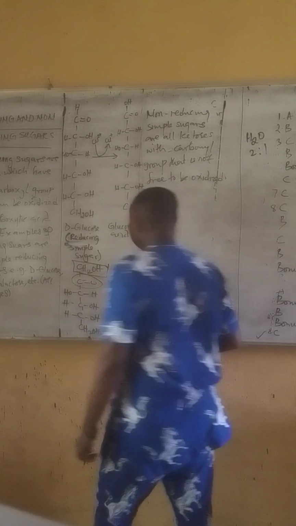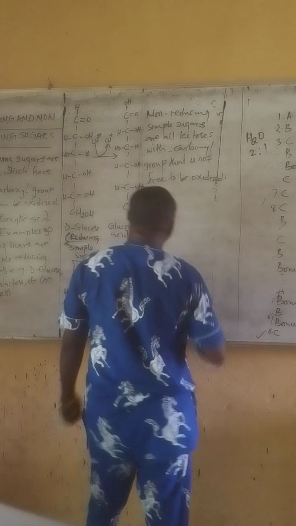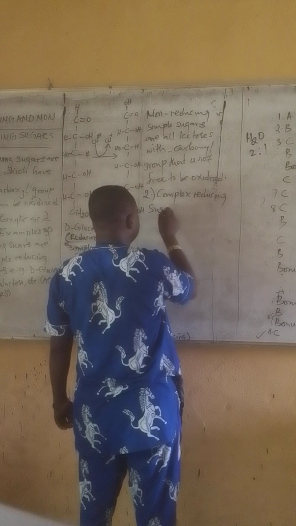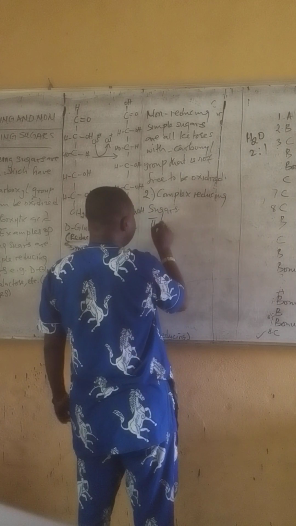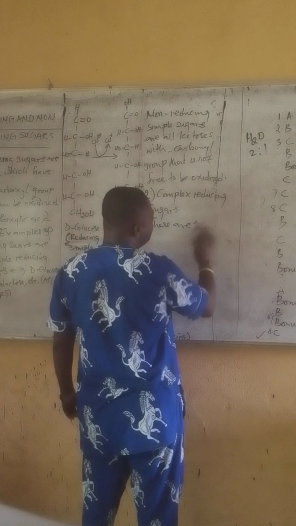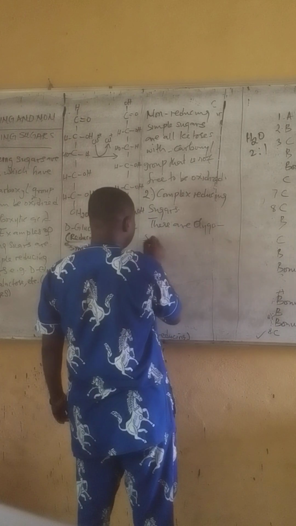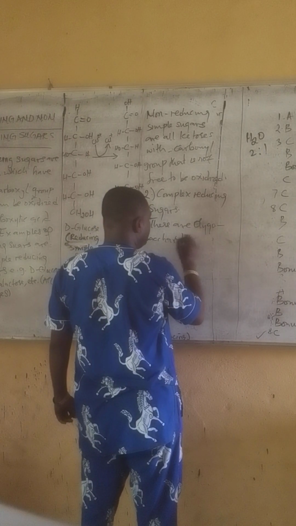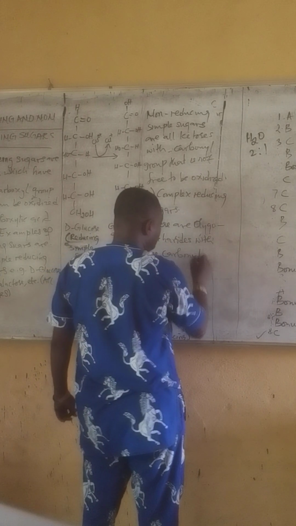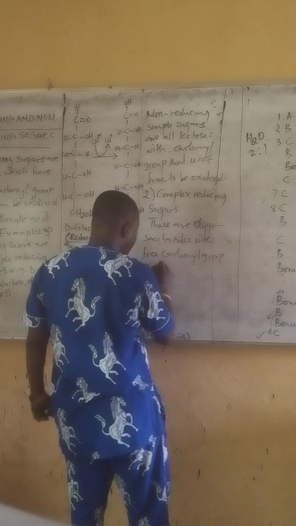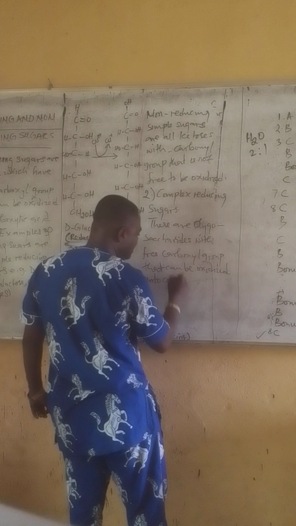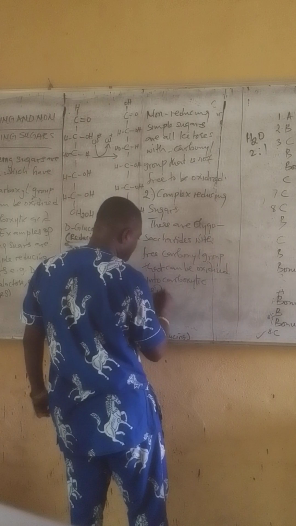So that's that. Now let's look at number 2. We also have complex reducing sugars. These are disaccharides, or oligosaccharides, with a free carbonyl group that can be oxidized into a carboxylic acid group.